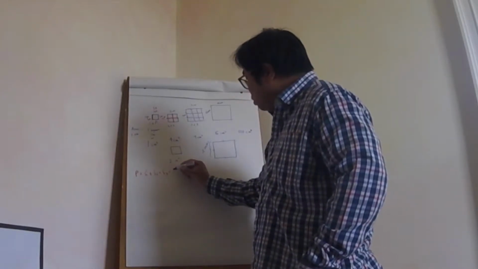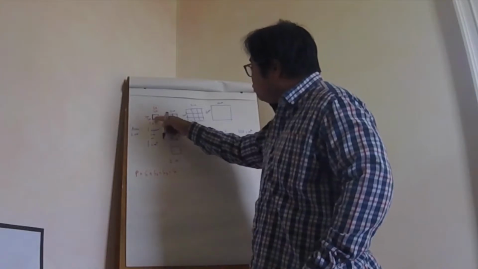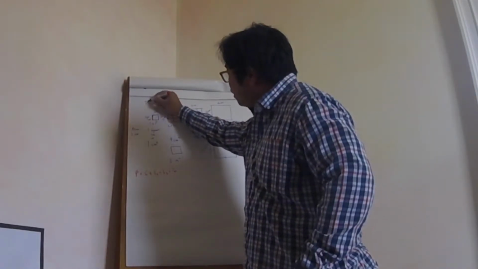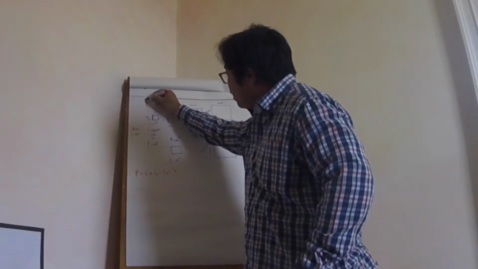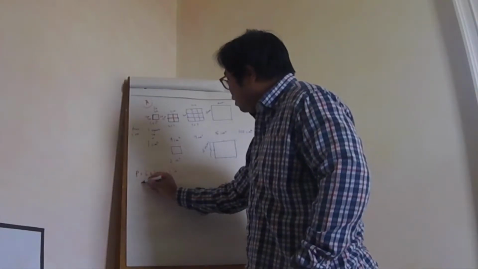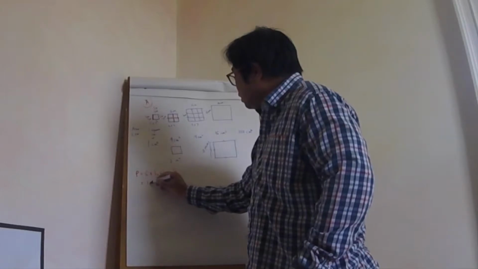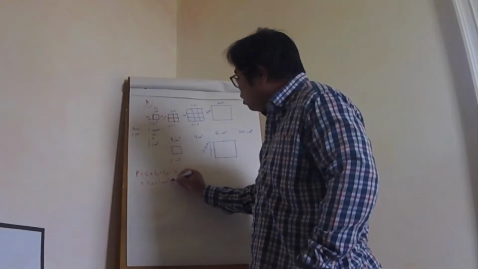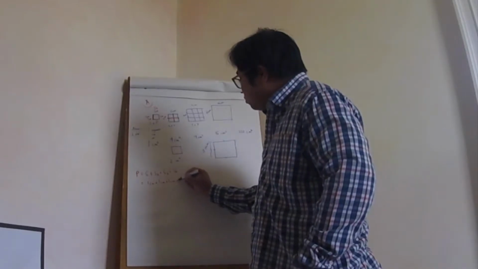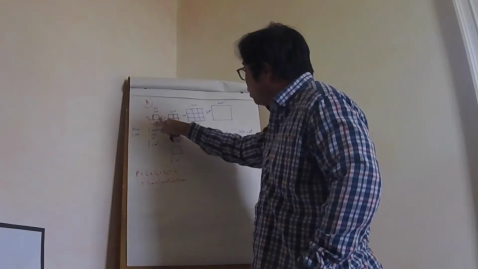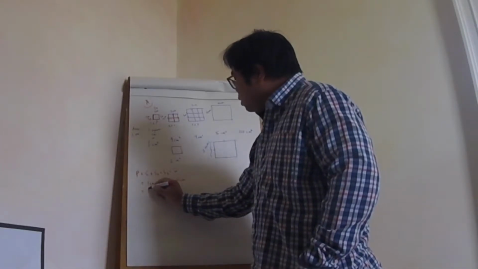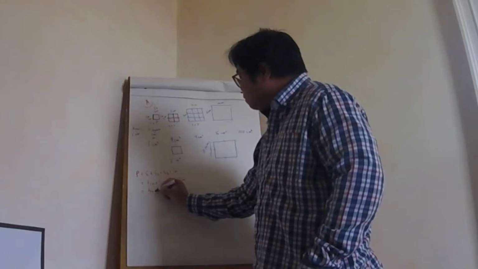And so the perimeter of this square in figure A is essentially 1 centimeter plus 1 centimeter plus 1 centimeter plus 1 centimeter. So 1, 1, 1, 1, and your perimeter is 4 centimeters.